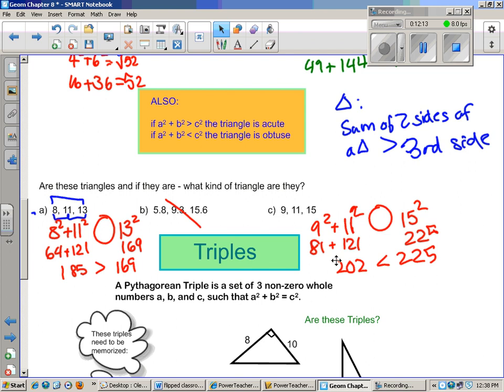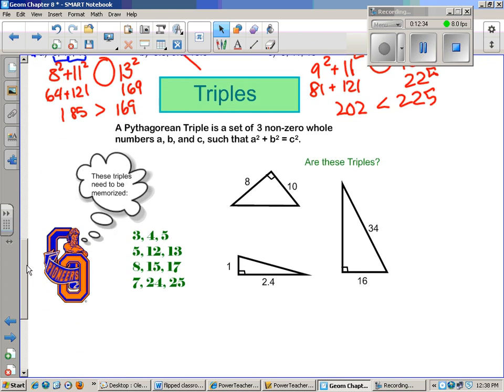Like this one only adds up to 15.1, which is less than 15.6. Does everybody get that? Because that is a problem people have. When you're trying to figure out if it is a triangle, it's just straight addition. You don't square anything.